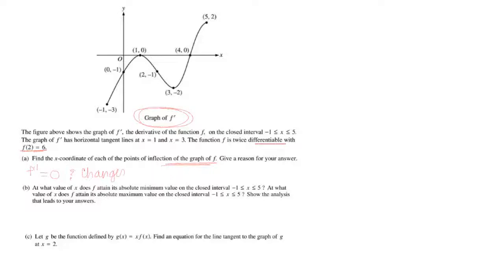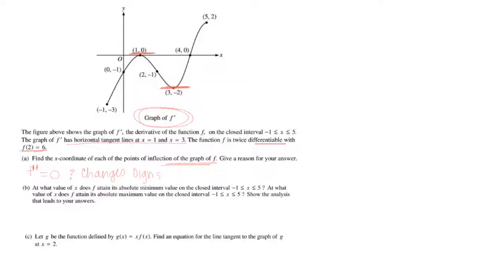So how can I relate where the second derivative is equal to 0 and has some kind of sign change there? And we need to make sure that looks like the second derivative. Well, back up here, notice we're told that f prime has horizontal tangent lines at 1 and 3. So notice we have this and we have this.